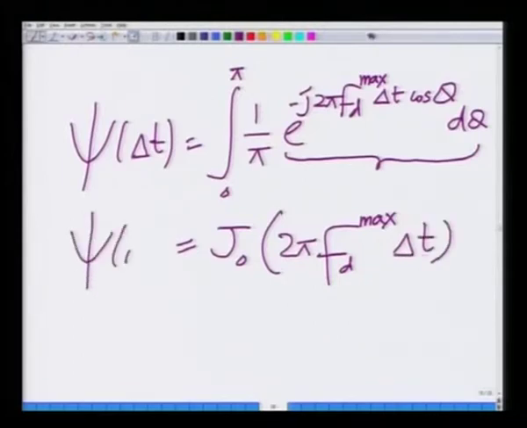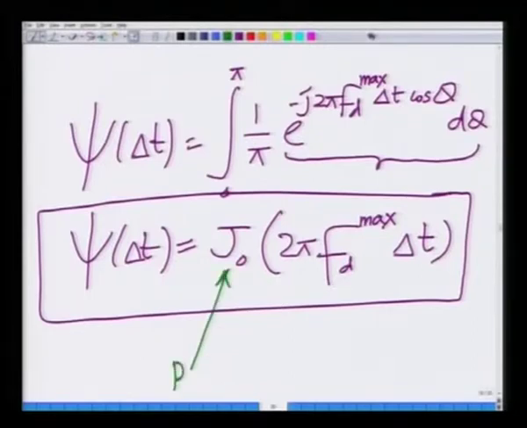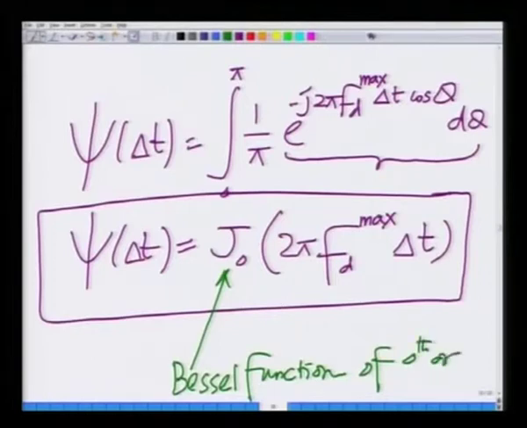So, I have derived the structure of the correlation, and that correlation, as a function of delta t, is given as J0 2 pi f d max delta t, where J0 is the Bessel function of 0th order.